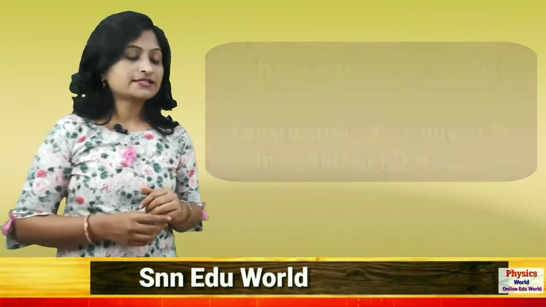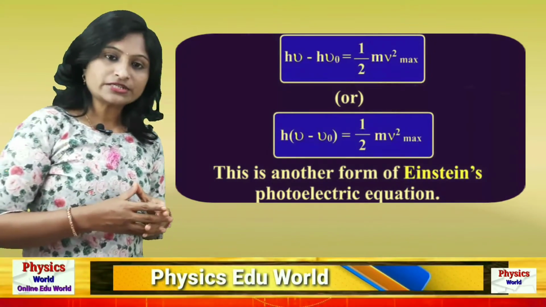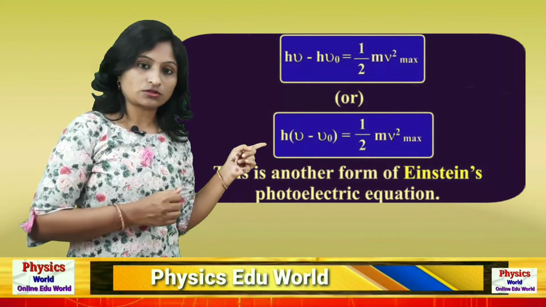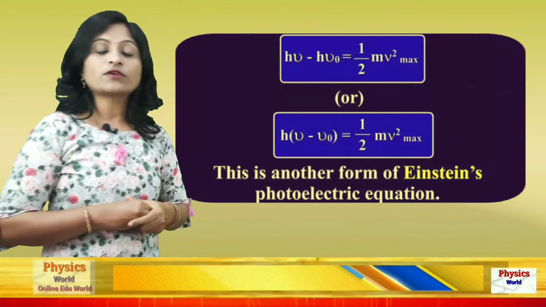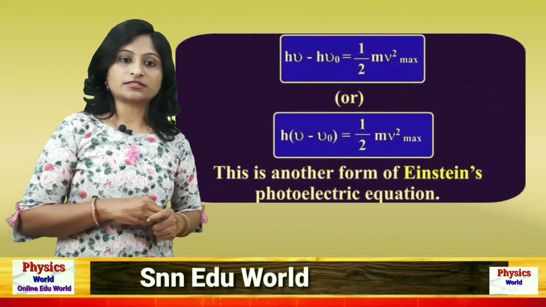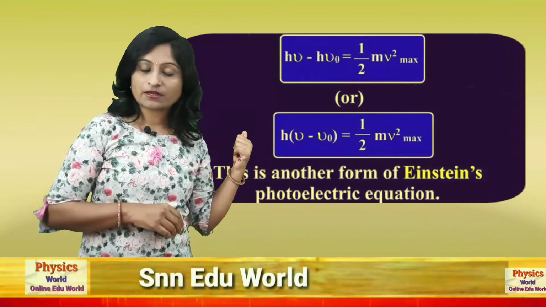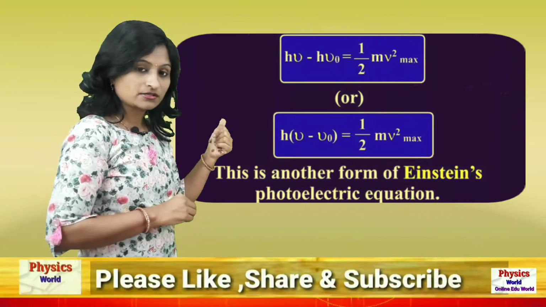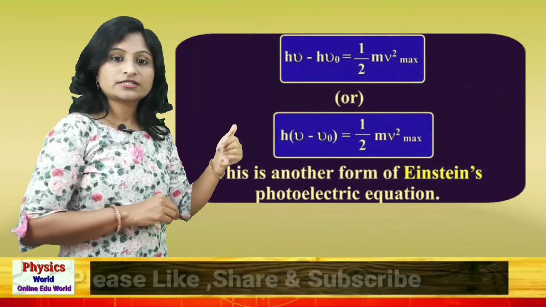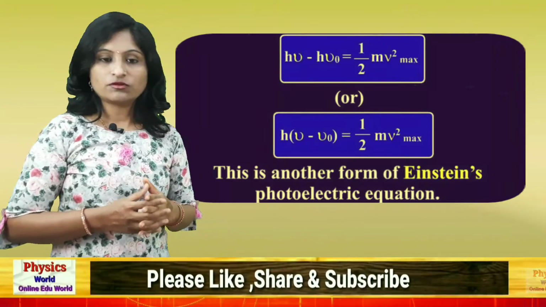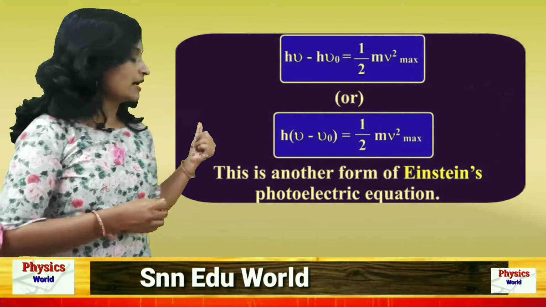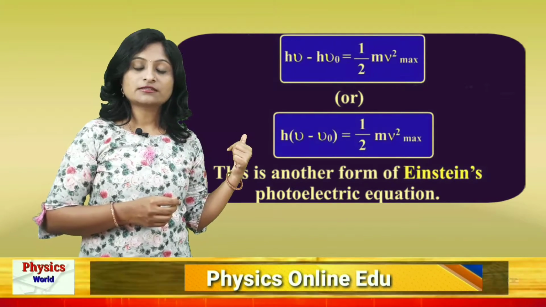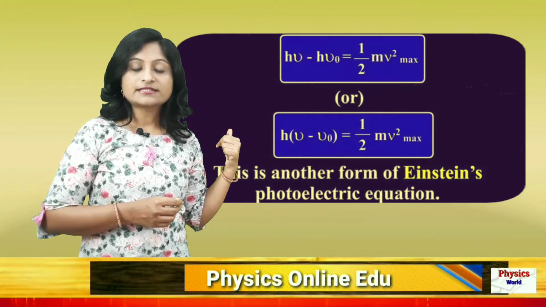Our basic equation is h nu minus W, so we substitute h nu minus h nu naught, and the right-hand side is 1/2 m v max square, the kinetic energy. On the left-hand side h is common, so taking it common: h in brackets nu minus nu naught equals 1/2 m v max square. This is another form of Einstein's equation.